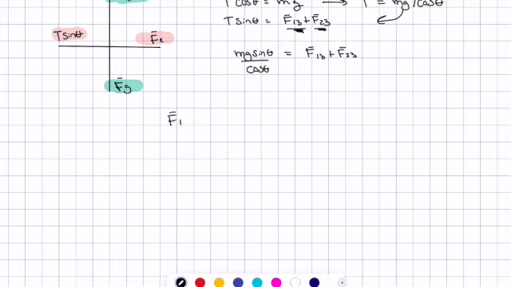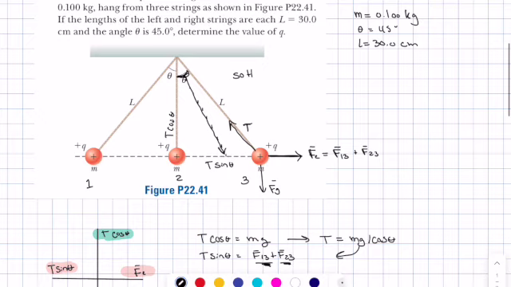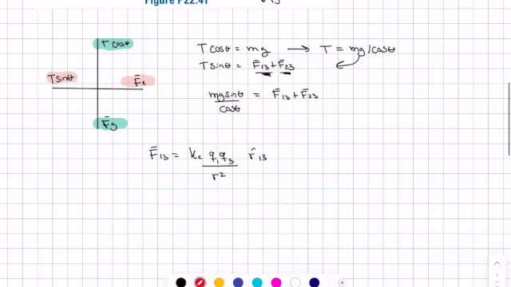So here we have F13 is equal to k_e Q1 Q3 over r squared in the r hat 13 direction. So what is r hat 13? Well, that's the vector pointing from 1 to 3. So that's in the positive x direction. So this is positive x hat. And what is r?